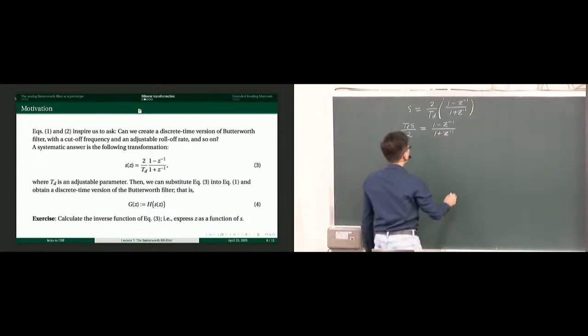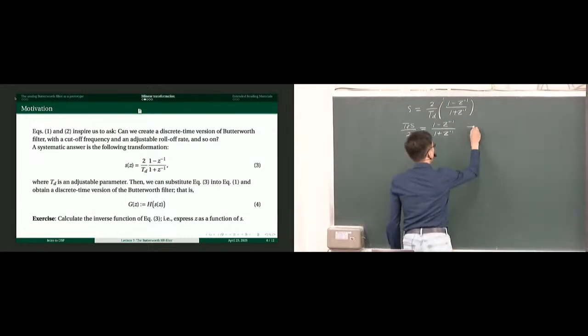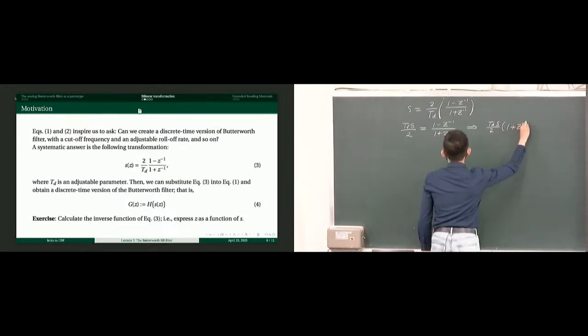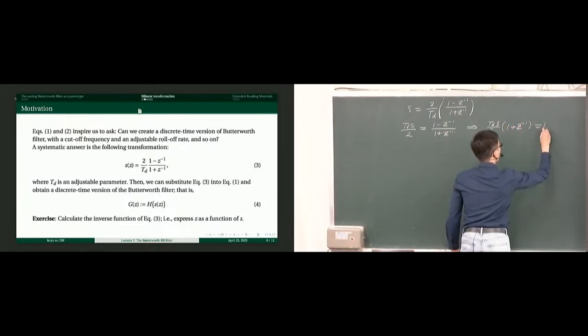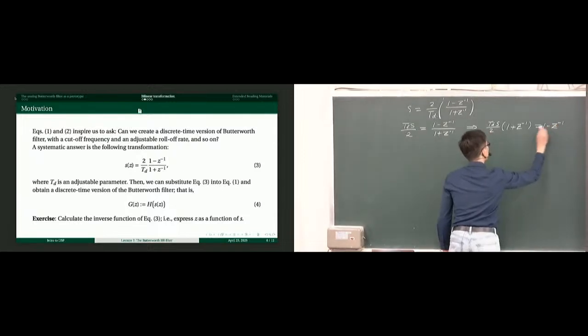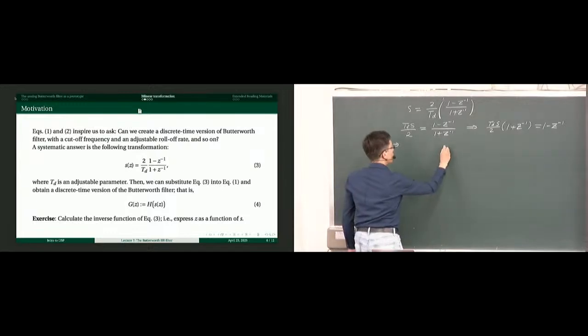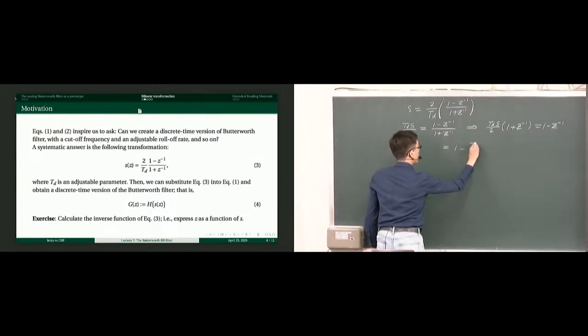So from there, let's work this out. T_d s divided by 2 times (1 plus z inverse) equals 1 minus z inverse. And therefore, let's move 1 minus T_d s divided by 2 to the right.